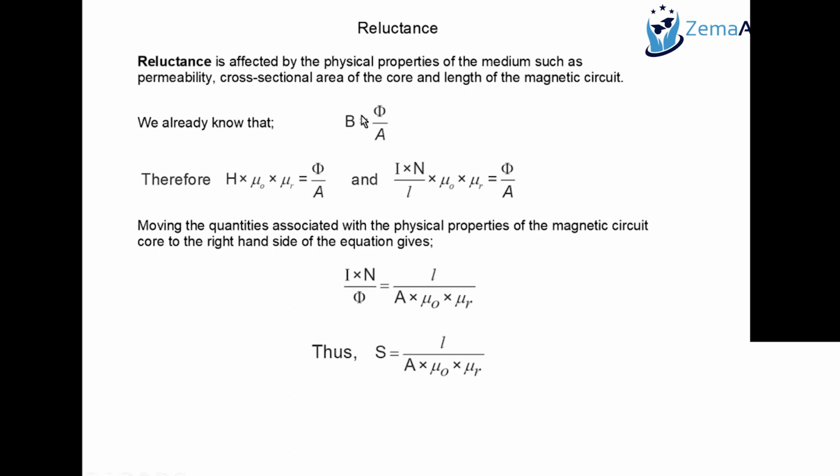Since H is ampere turns per meter and B is phi over A, absolute permeability mu is equal to mu naught times mu R. So that's how we substitute the equations, and we can derive the equation for the reluctance in a magnetic circuit, which is L over cross-sectional area times mu naught times mu R.